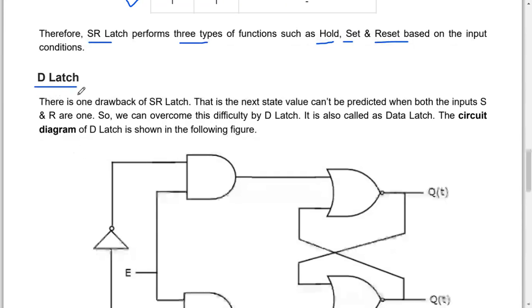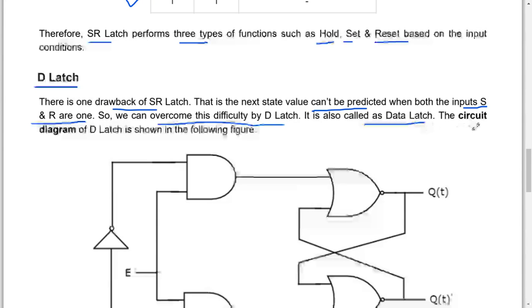Next, D latch. There is one drawback of the SR latch. That is, the next state value cannot be predicted when both the inputs S and R are 1. So, we can overcome this difficulty by the D latch. It is also called the data latch.